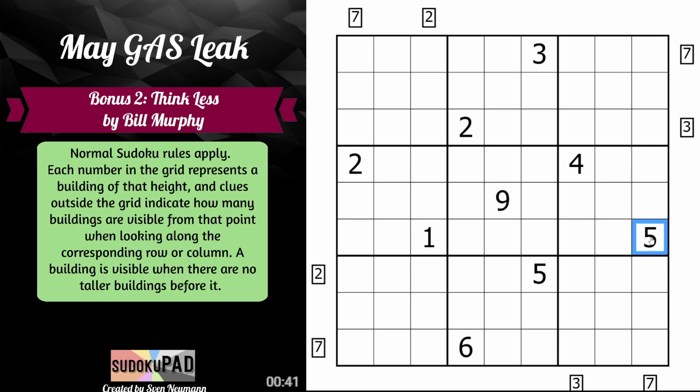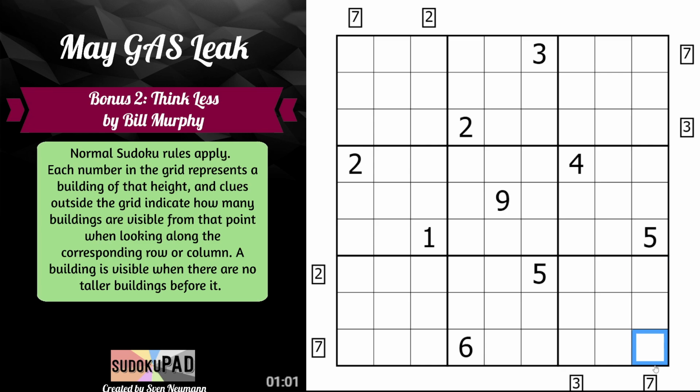5 so low here means that at most in this direction you could see 4 skyscrapers. That's if you do something like 1, 2, 3 or 1, 2, 4 or 2, 3, 4, something along those lines.